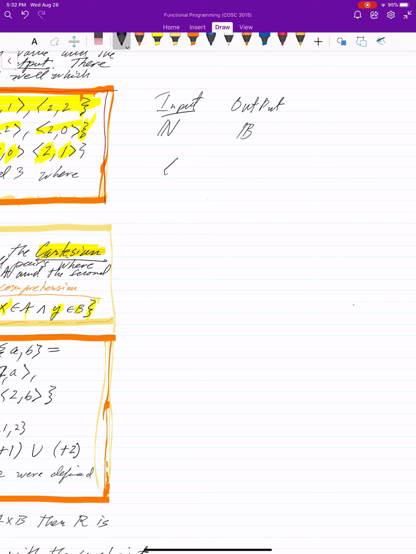So our pairs are going to look something like ⟨K, B⟩. And what I want this to do is say whether or not K is an even number. K is an even number if there exists a J, which is a natural number, such that 2 times J is equal to K.